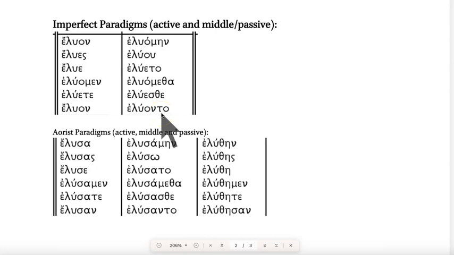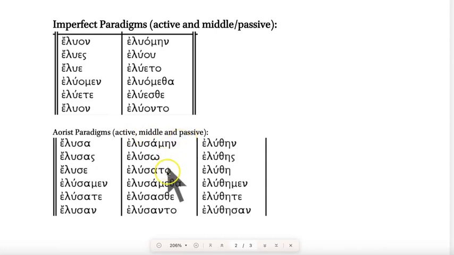Now, we can see that in the imperfect tense, the same way as the present tense, we have two set points for voice. We've got active and we've got middle passive, same form. In the aorist paradigms, however, we've got three set points. We've got active, middle, and passive.